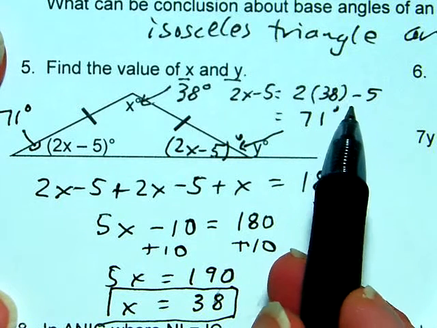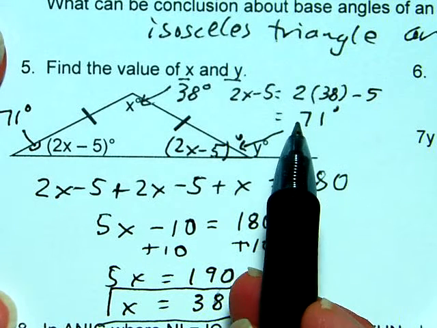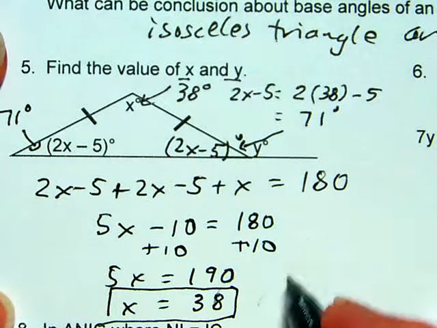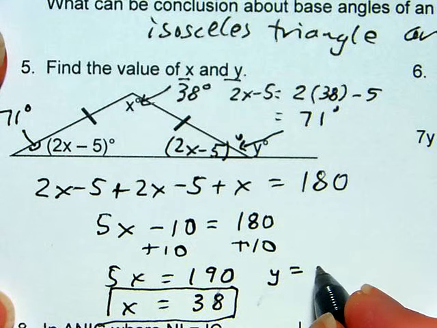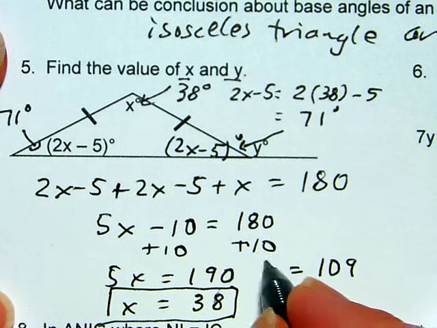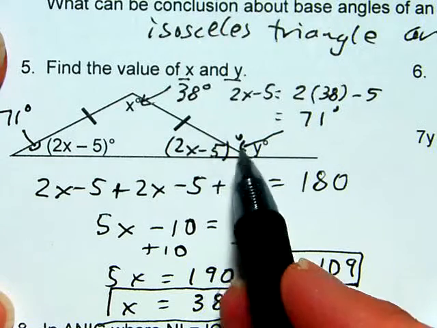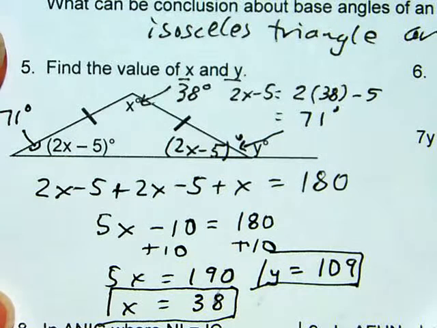So what would be an angle that's supplementary to 71? That would be 109. So y is equal to 109 because it is supplementary to 2x minus 5, which is 71. That would be the answer for problem number 5.